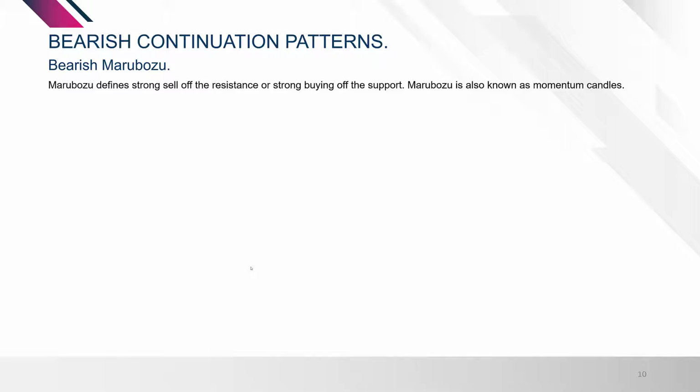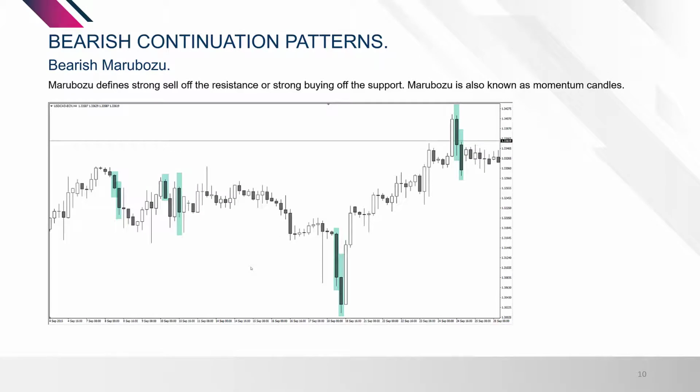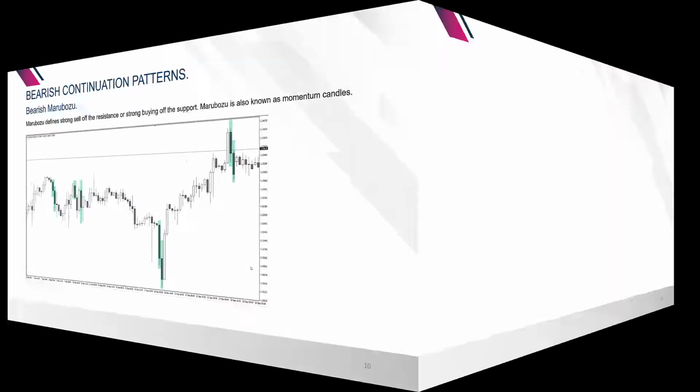Marubozu is also known as a momentum candle. So when you see a marubozu forming at resistance, it means you have to be hunting for short trades. And if you see a marubozu forming at a strong support, that means the market is signaling strong buying. Then you have to be hunting for long trades.